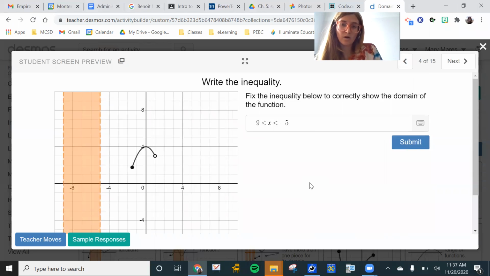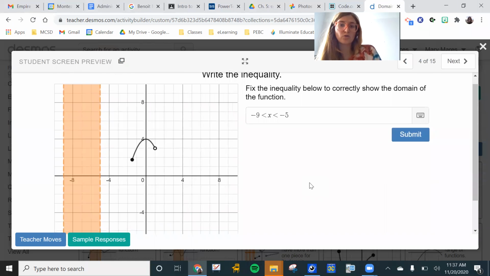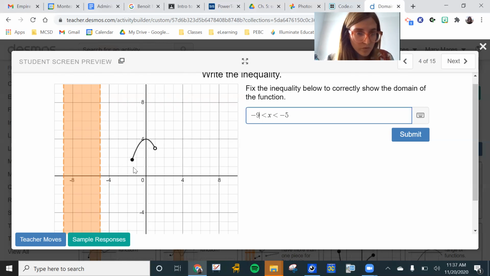Now let's fix the inequality below to correctly show the domain of the function. So the domain of this function is going to be from this dot to that dot. Because this is a filled in dot, I want to include that number. Because this is an open dot, I don't want to include that number. So this end goes to, let's see, that's -4, so -1, -2, -3, -4.